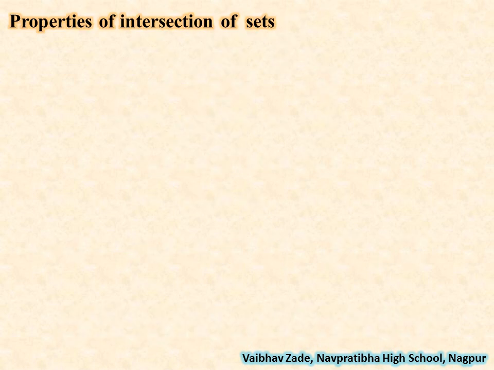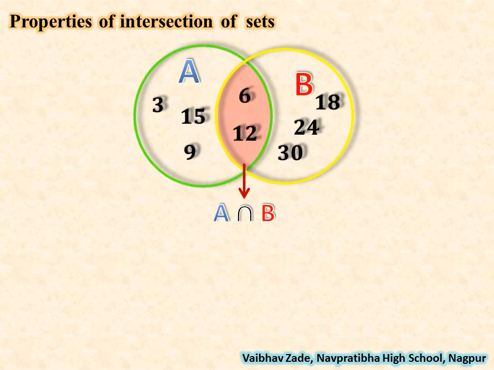Now we see the properties of intersection of sets. Here we have set A with the elements 3, 6, 9, 12, 15, set B with the elements 6, 12, 18, 24, 30, and A intersection B with the elements 6, 12. So what is our first property?